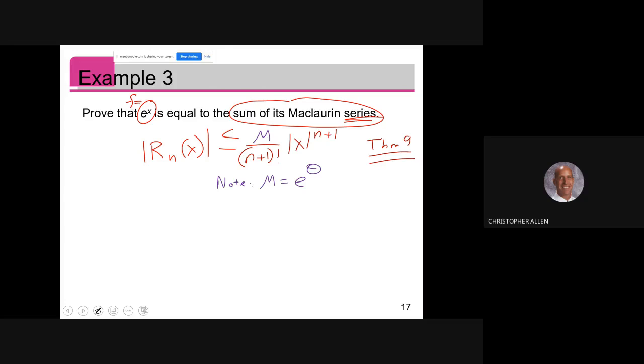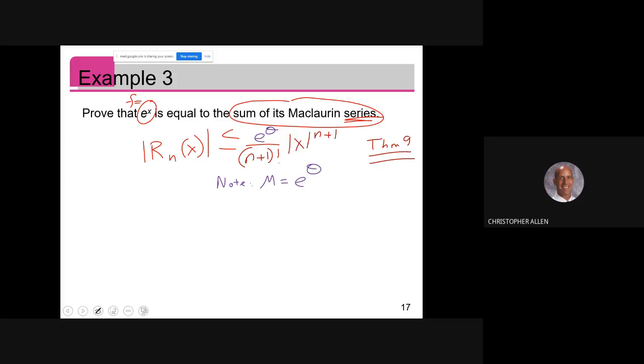When I had you do example 2, it was 2, so that constant was e to the second. Now I'm going to erase what I just did up there, and leave it in purple. So in general, it's going to be e to the theta, where theta is just some number.